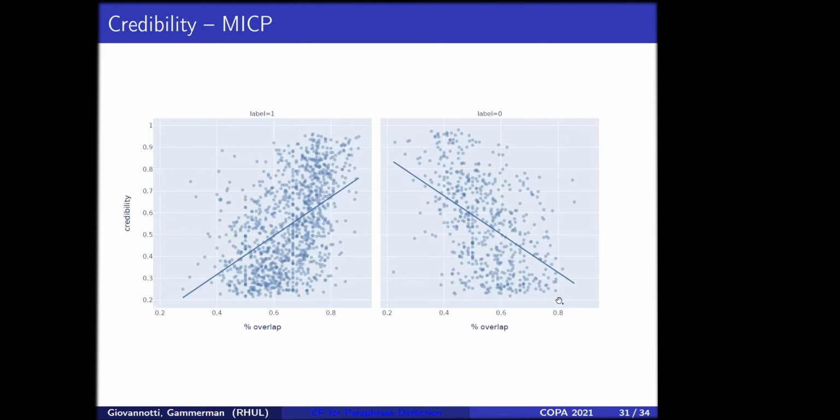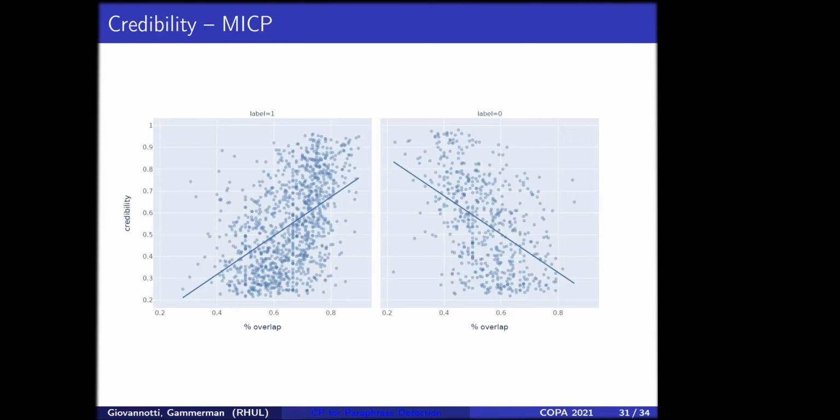So basically here we can see that the lower the overlap, the more credible a negative example is. So the Mondrian predictor tells us something about the data distribution that we knew because we actually analyzed the dataset before, but by using credibility, we could infer some properties of the data.